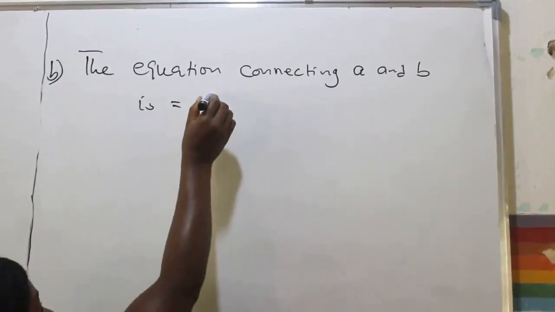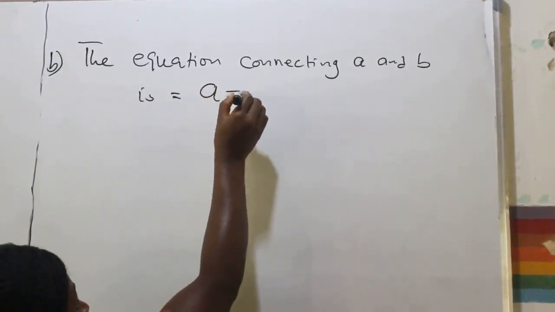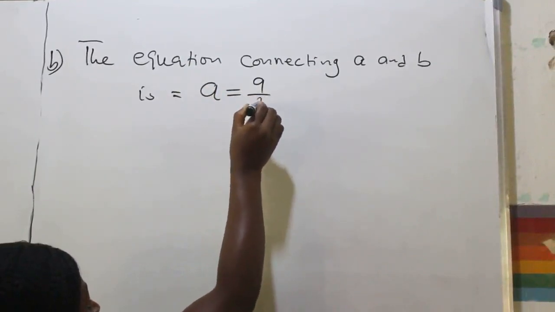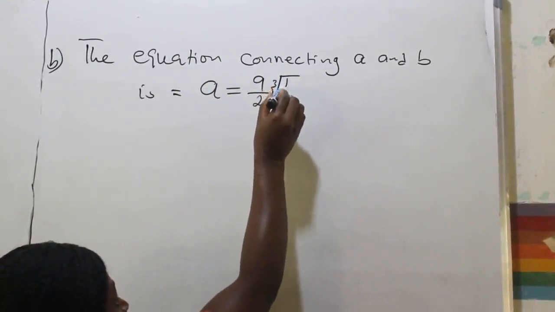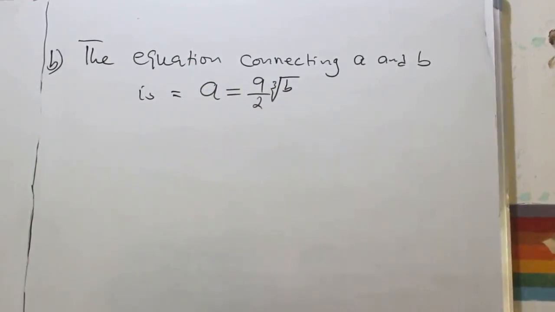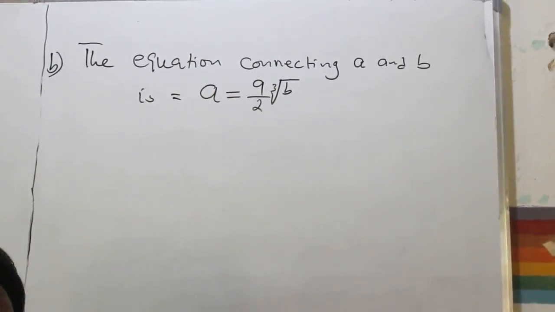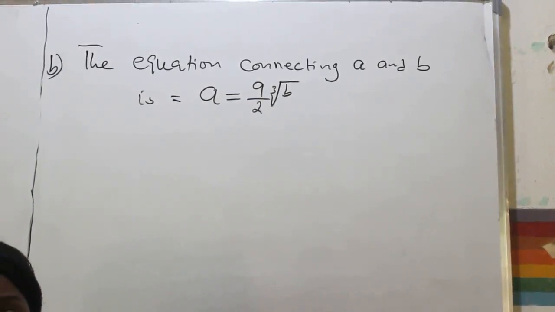So we have our A will be equals to 9 over 2, which is our constant, then the cube root of B. So this is the equation connecting A and B.